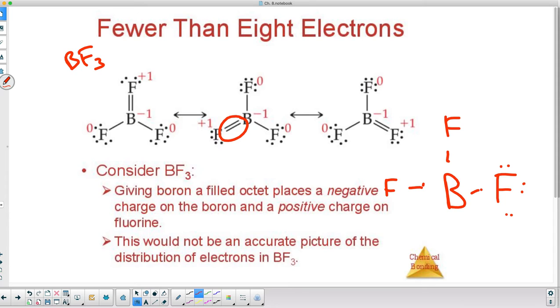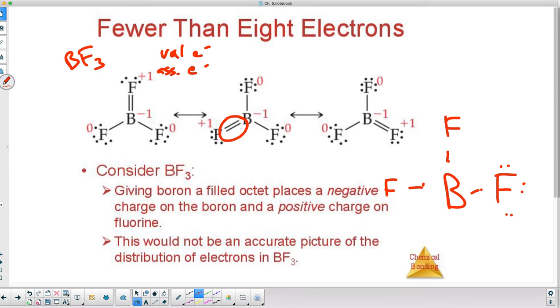And then you end up with these plus ones and minus ones. This is all formal charges, and the formal charges, if you remember, are valence electrons minus assigned electrons. Boy, I'm not writing that very well.